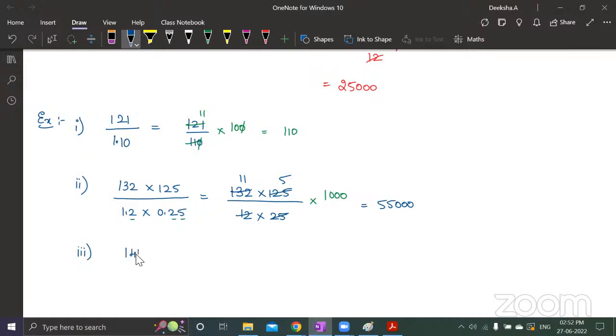Can you give me the answer for this one? 144 into 36 divided by 1.2 into 1.8. Give me the answer for this.